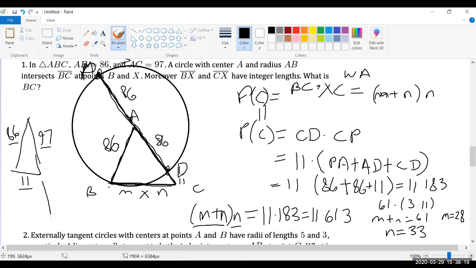It can't be too big either. Otherwise, it goes over 86 plus 97. You'll find that this case where M equals 28 and N equals 33 is the only case that works. So we're done with that. So our final answer is we're looking for BC, which is M plus N. So that's 61.